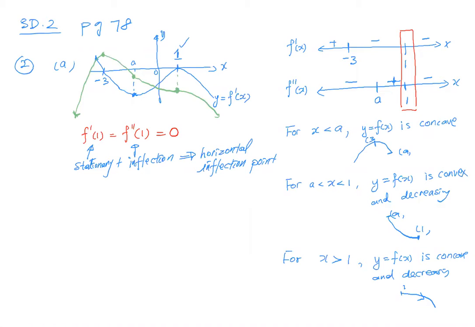So now if I want to draw the F double prime X, I base on this sign diagram, F double prime. Negative means it must be below. Pass through this point, pass through this point. So this is my Y equal to F double prime X. And this is my Y equal to Fx, the green one. I write it in green.